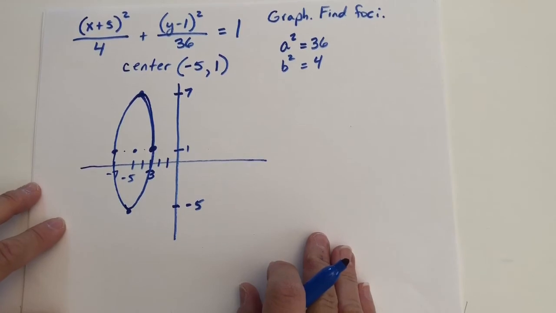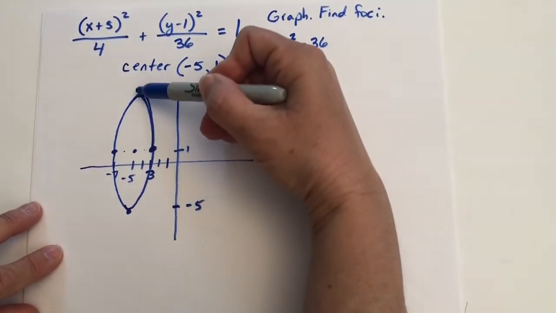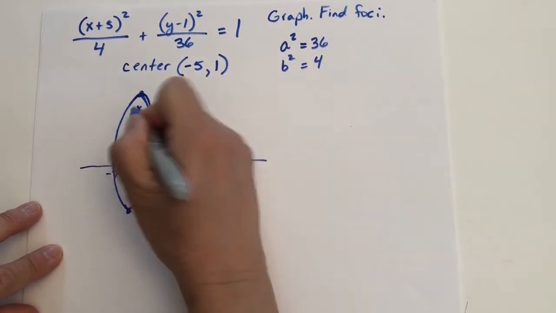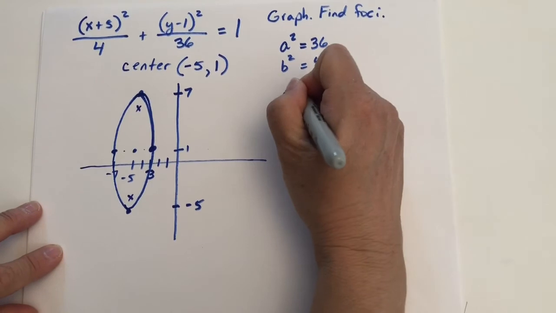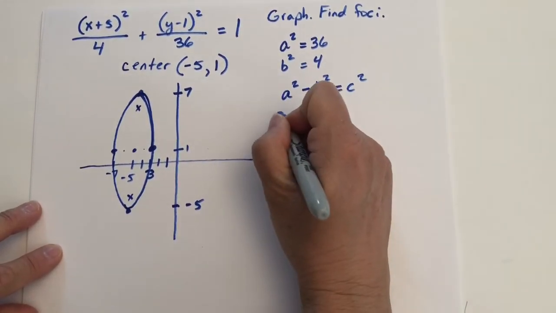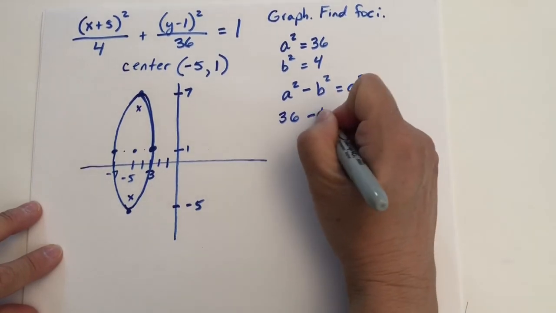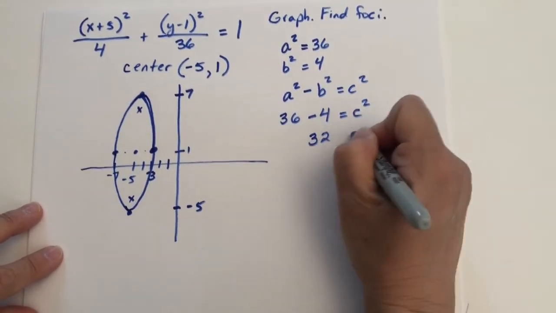Now my foci are on the major axis. So they are on here somewhere, up here and down here. Let's find them. We know it's a squared minus b squared equals c squared. So a squared is 36, b squared is 4. So I know 32 equals c squared.